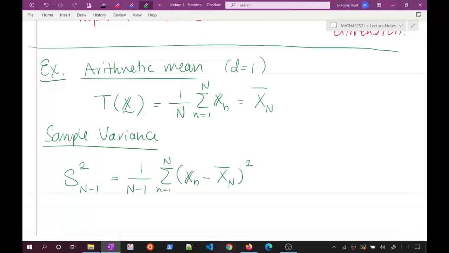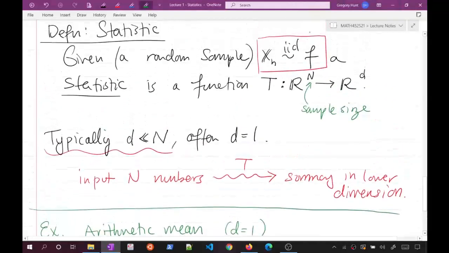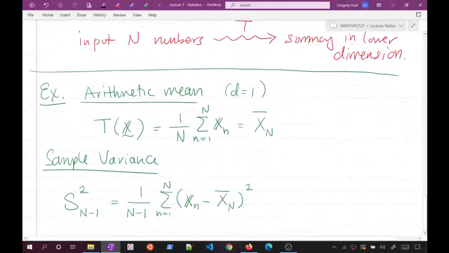This is called the sample variance with an n minus 1 denominator. And this thing is a function, so is it a statistic? Yes, it's a statistic. It's a function of my x sub i's. Right? There's a formula there. You calculate the arithmetic mean, that's a function, then you take these differences, you square them, you sum them up. That's a statistic. And it's summarizing all that data down into a single number. The mean is going to tell me about the location of my data. The variance, sample variance, will tell me something about the spread of my data.